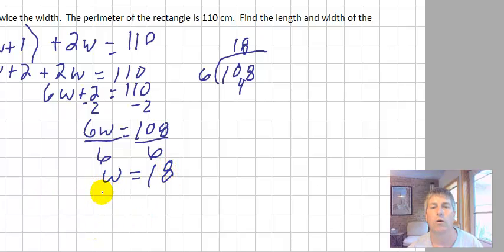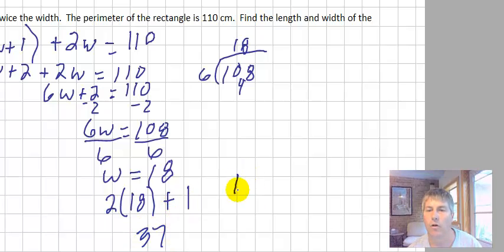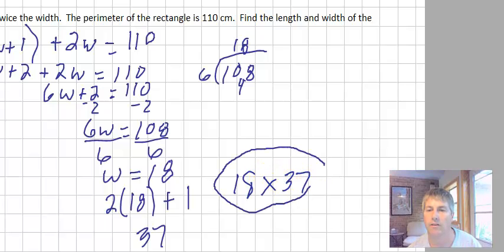Once we know our width is 18, we know that our length is 1 more than 2 times that. So our length, 2 times 18 plus 1, is 37. So our rectangle is 18 by 37. And we've answered the question.